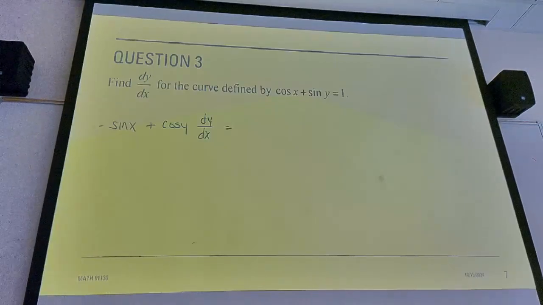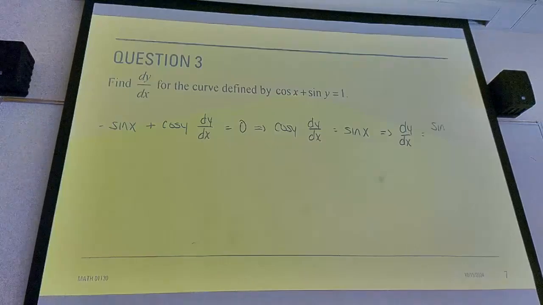And the right-hand side. Oh, this one's easy too. Add sine of x. Divide by cosine of y.